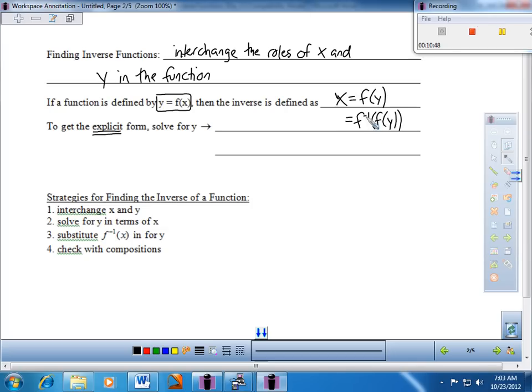Well, we do know, of course, that when all is said and done, anything I do to one side of an equation, even if I'm doing it just notationally here, I have to do to the other. So if I compose the inverse of f of all of this, then I have to compose the inverse of f of this right here.